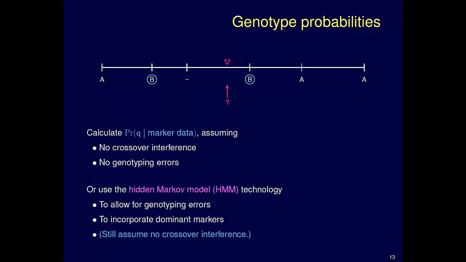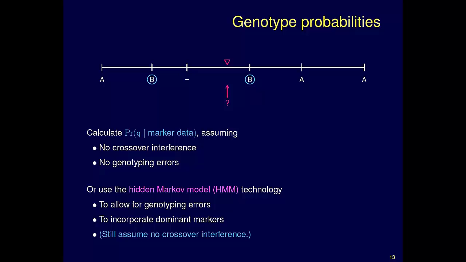But just the calculations I've explained turn out to be kind of a pain to write in code. And what we actually use is what's called a hidden Markov model that allows for genotyping errors and can incorporate markers that are strictly dominant.